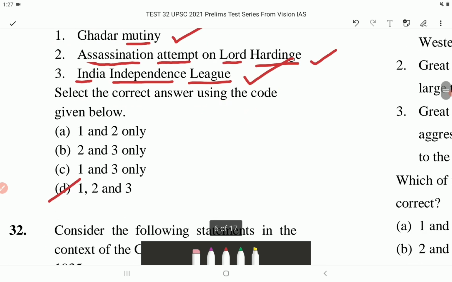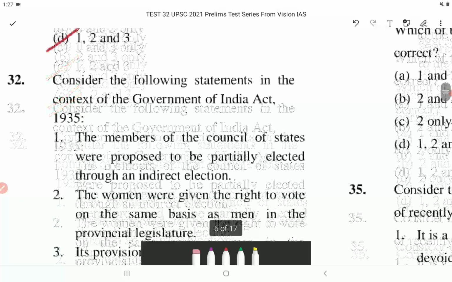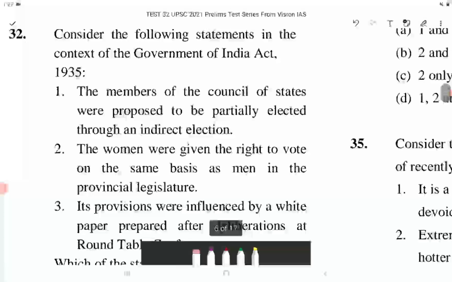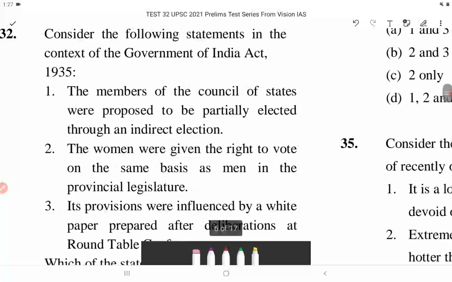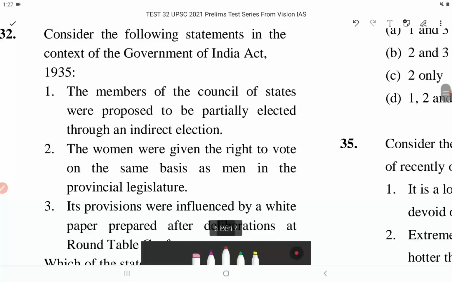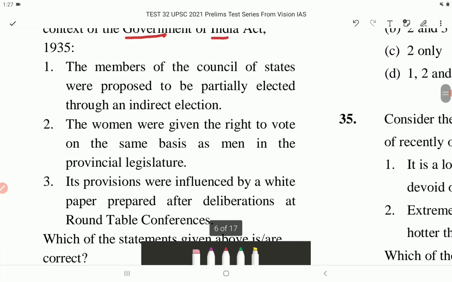Now let's come to question number 32. Consider the following statements in the context of the Government of India Act 1935. Statement 1. The members of the Council of States were proposed to be partially elected through an indirect election.